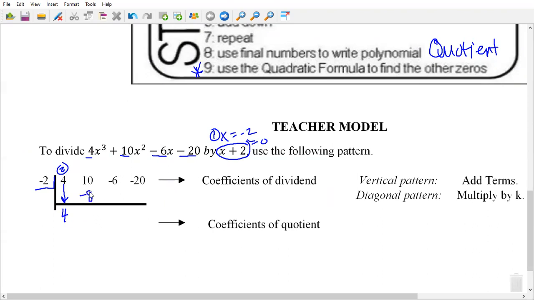Agreed? 10 plus -8 is 2. -2 times 2 is -4. -6 plus -4 is -10. -2 times -10 is +20. And -20 plus 20 is 0. So our remainder is 0. So we know that x plus 2 is a factor.